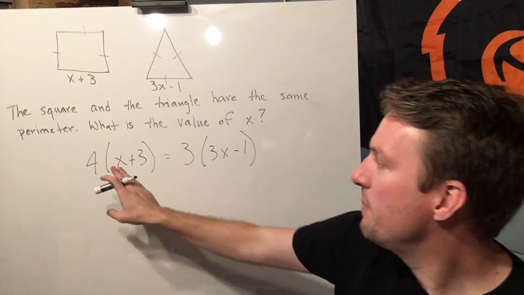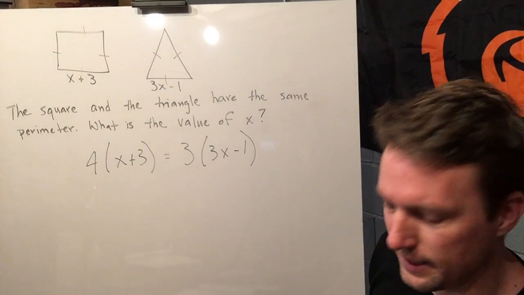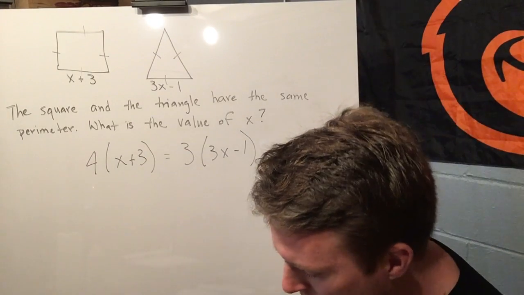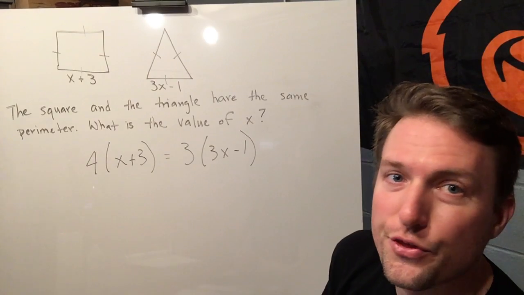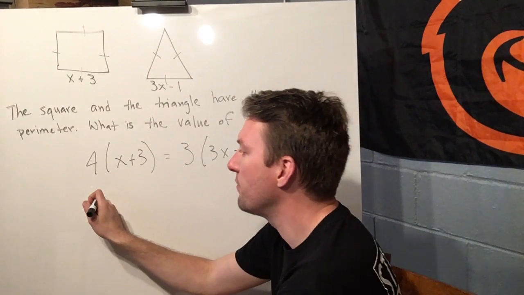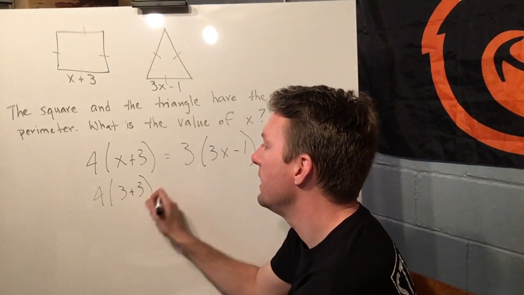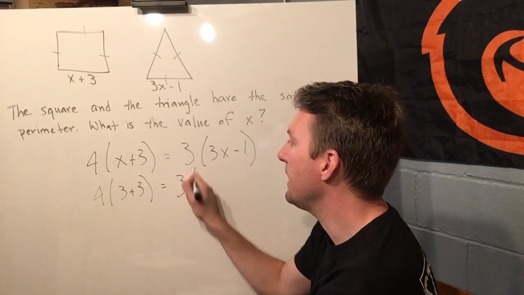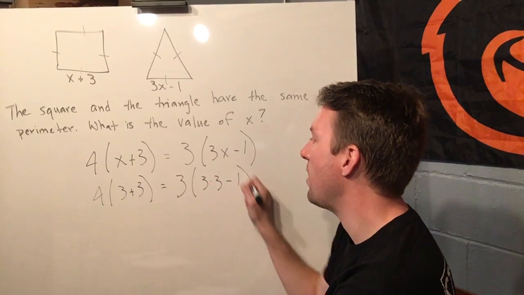Because these are equal, we can write an equation like this. To explore this further, let's substitute 3 for the value of x. So I would have 4 times (3 plus 3) equals 3 times (3 times 3 minus 1).